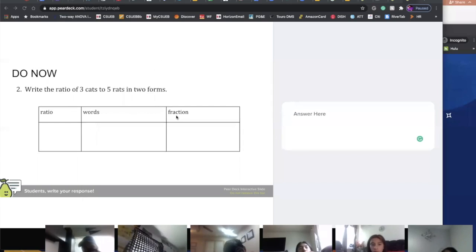Okay, for the second one, write the ratio of 3 cats to 5 rats in 2 forms. So Dara, calling on you. What do you think the first form is here? It has 3 and 2 points. These 2 points are called a colon.